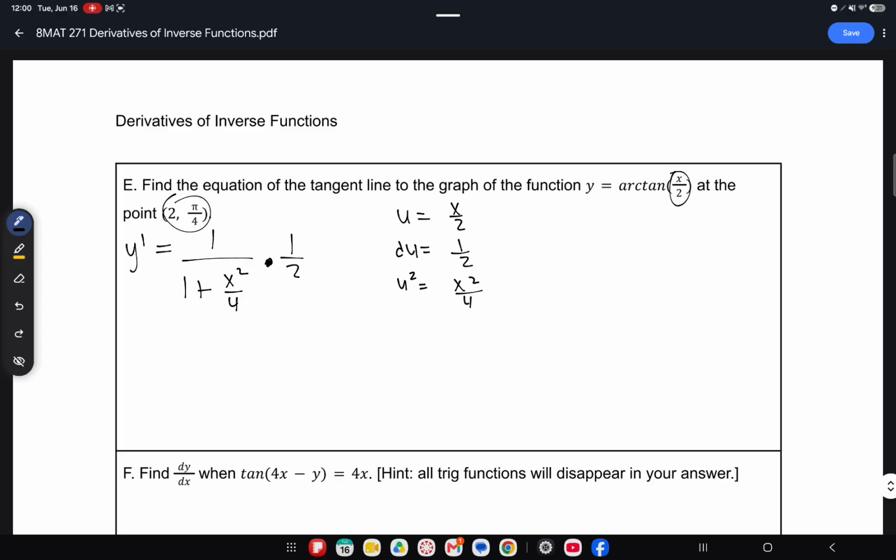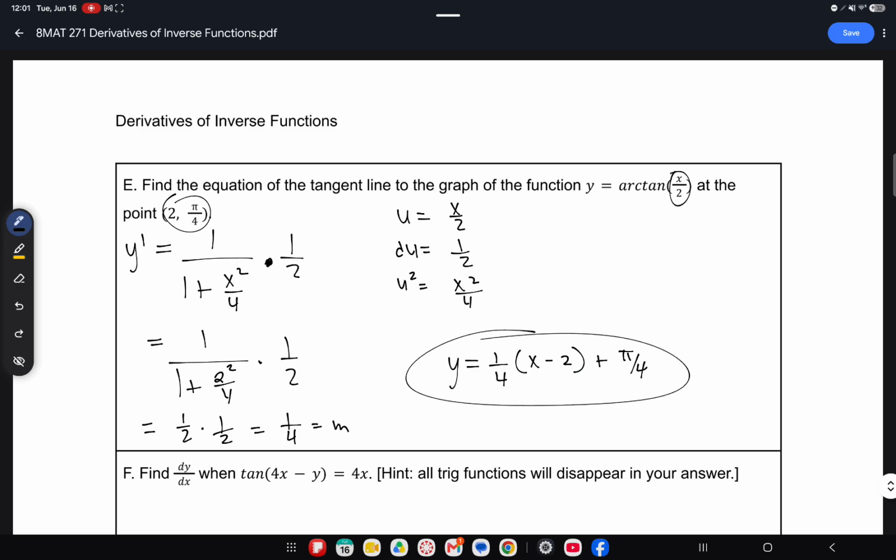So let's just plug in 2. So 1 over 1 plus 2 squared over 4, and all that times 1/2. See what we get here. So 2 squared is 4, so that's going to be 1/2 times 1/2 to give me a slope of 1/4. So y equals the slope times x minus the x value, plus the y value. And there's an equation of the line.